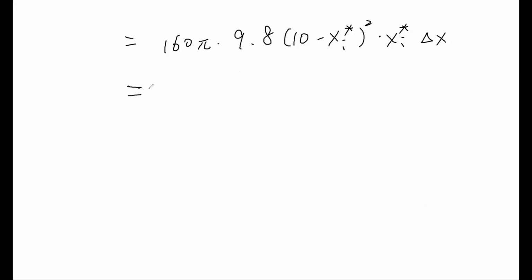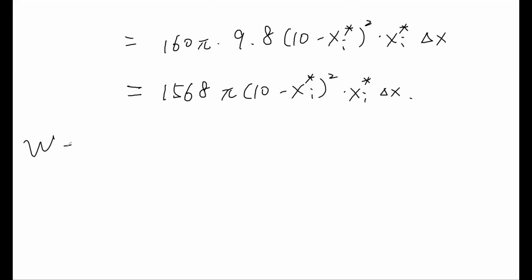Simplified, this is 1568 pi times (10 minus xi star) squared times xi star times delta x. So this is the work done for the ith layer.